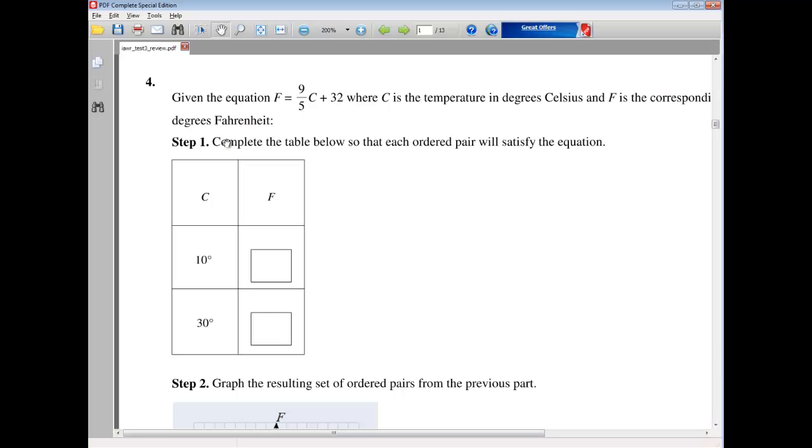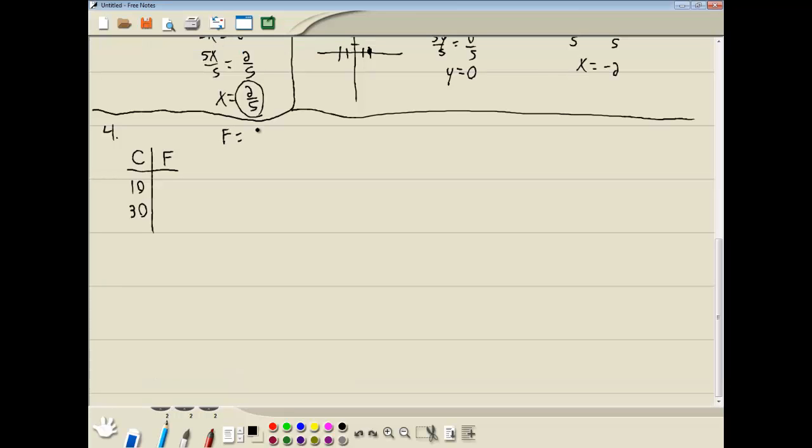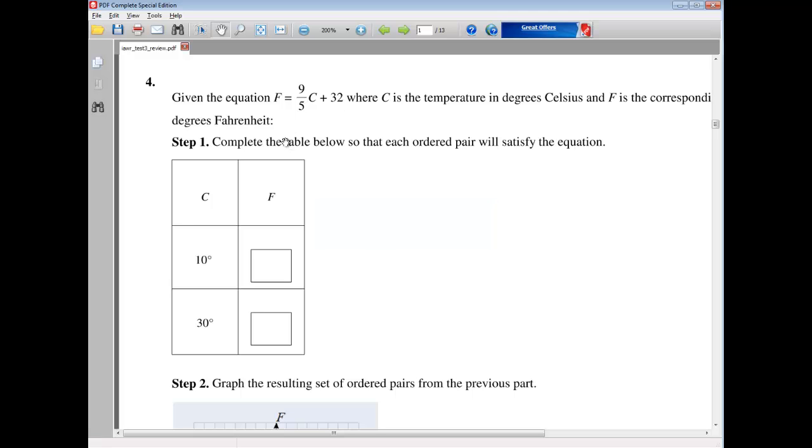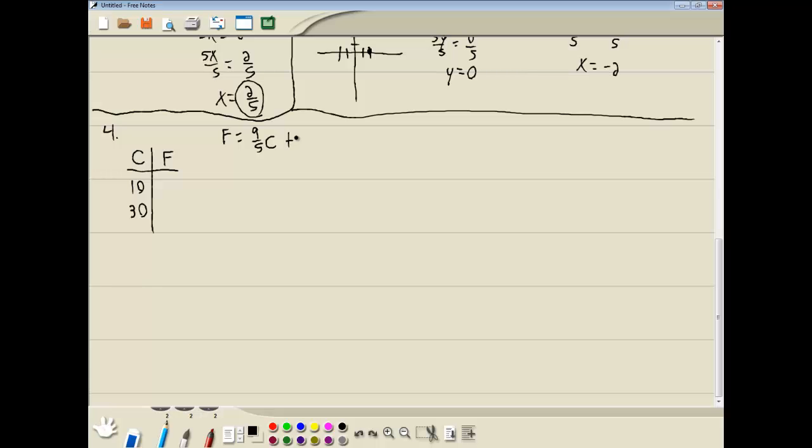And the formula we're working with is F equals 9/5 C plus 32. Okay, so we want to plug in each one of those.